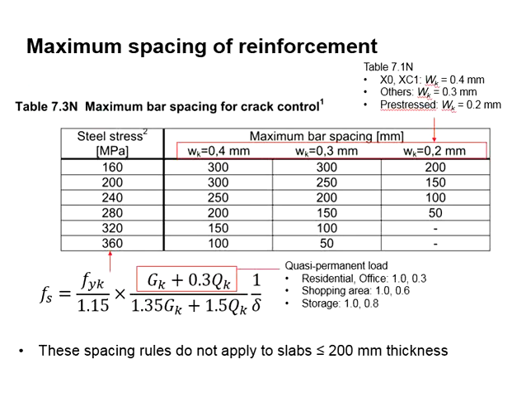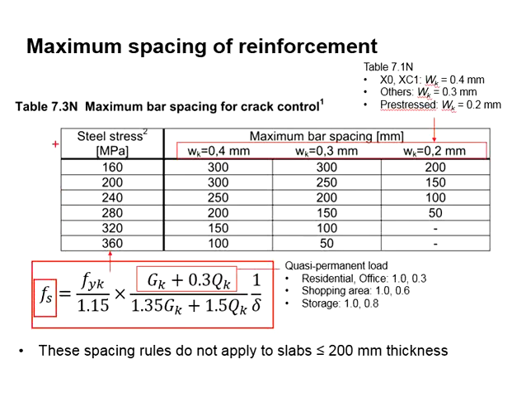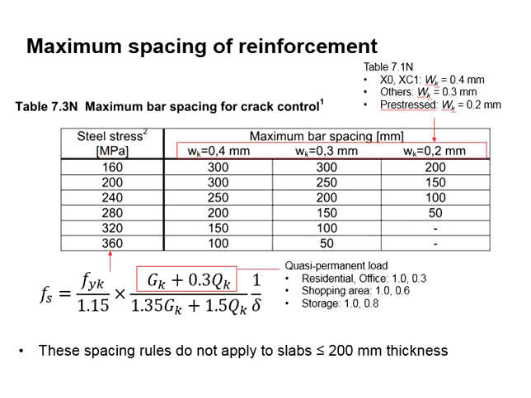First is by referring to table 7.3N, where you need to estimate the stress in the steel reinforcement. These equations shall be used to determine the stress in the steel, which is on the basis of quasi-permanent load against the ultimate limit load.